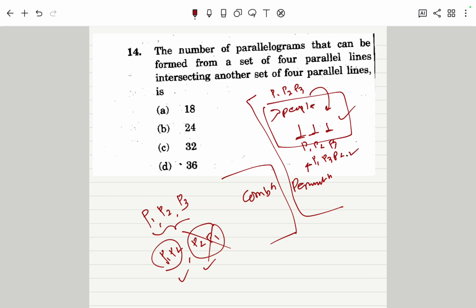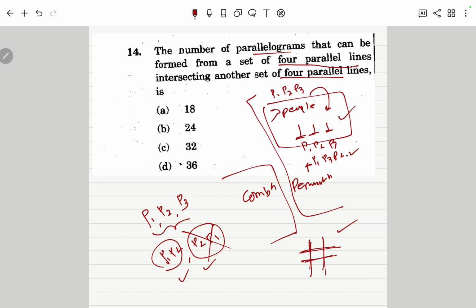Now let us start with today's problem. It says: the number of parallelograms that can be formed from a set of four parallel lines intersecting another set of four parallel lines. In a parallelogram, the lines facing each other are parallel, so these two lines are parallel and these two lines are parallel, and this is nothing but the parallelogram.